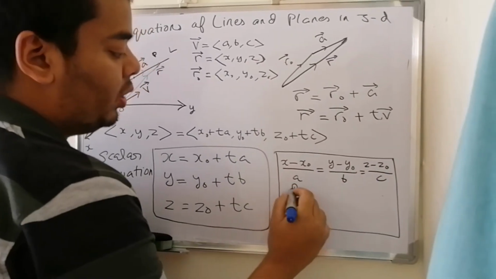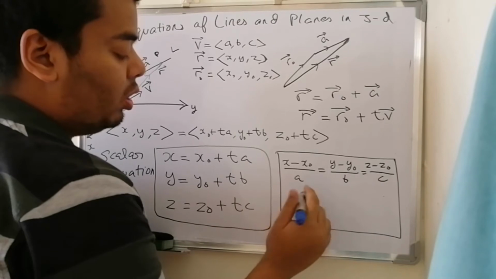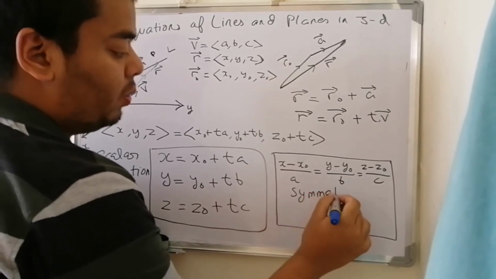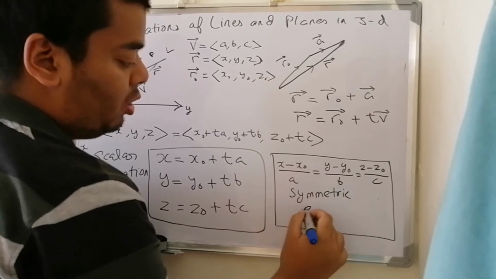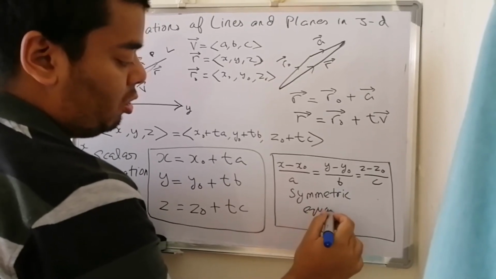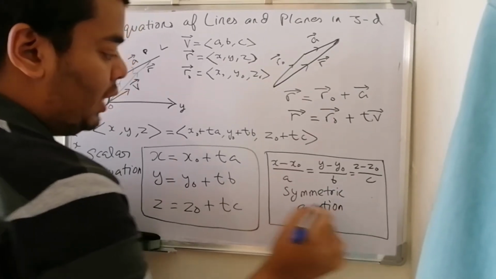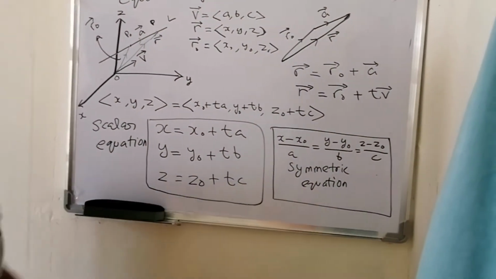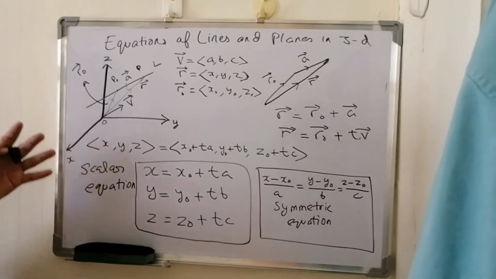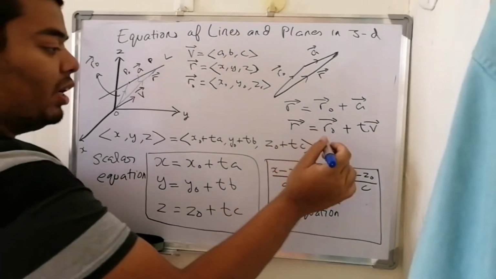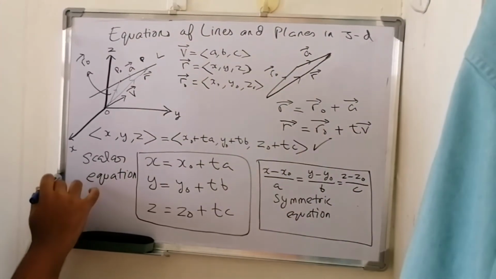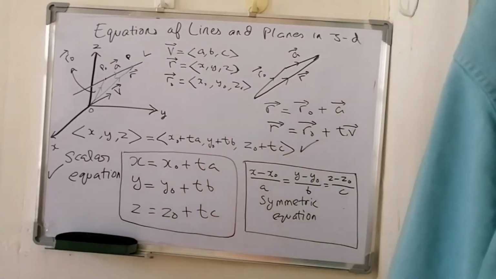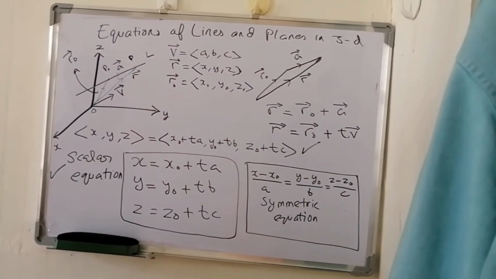Sorry, this is the symmetric equation. And this is the scalar or the parametric equation. So we have three ways of representing a line in 3 dimensions. We have the vector equation, we have the scalar or the parametric equation, and we have the symmetric equation.